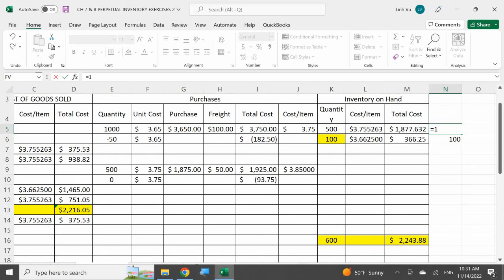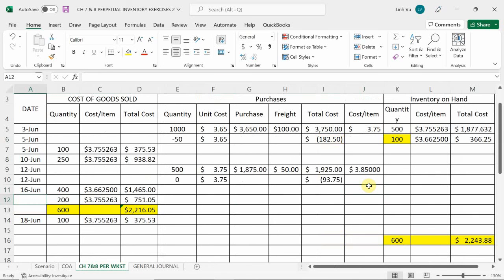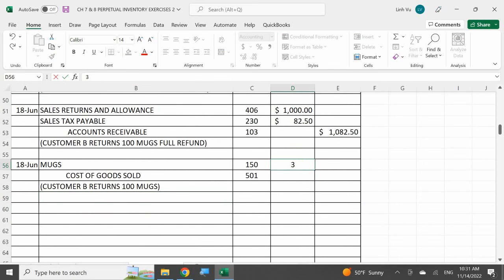Because if you started out with $1,502.10 and you need to add back that $375.53, that's going to give you $1,877.63. So in this case, now it is back to even out with the rounding. Okay. So that means I returned $375.53 worth of inventory. Okay.